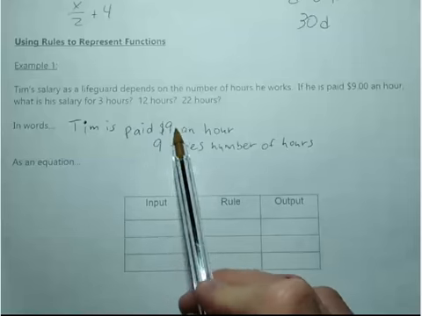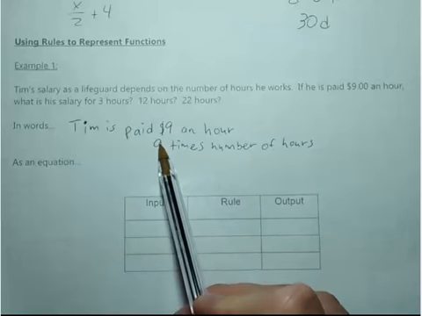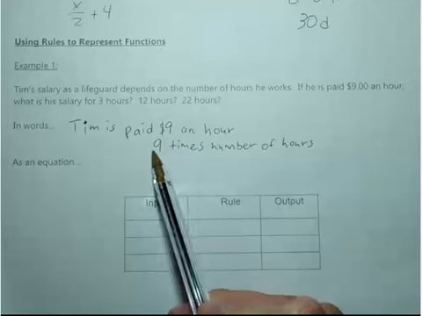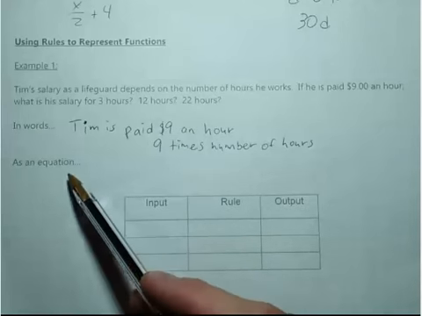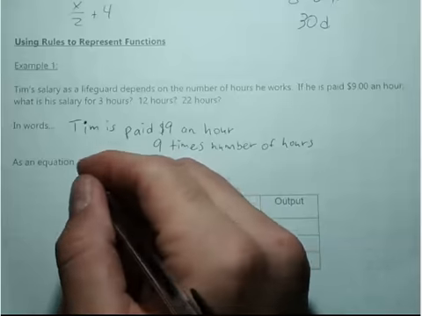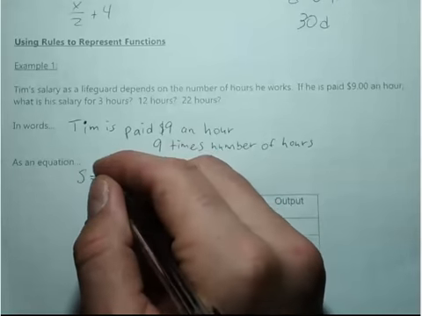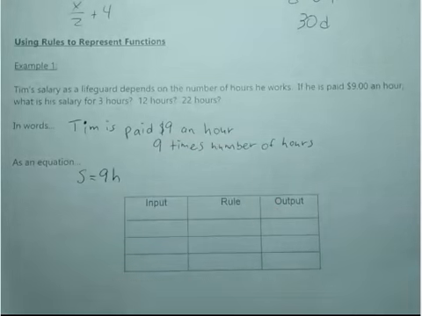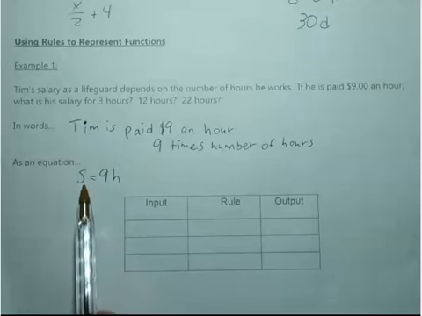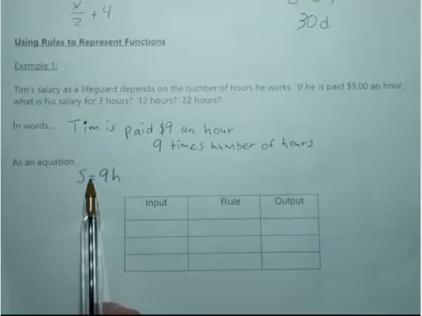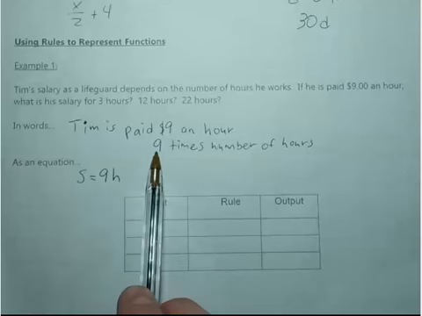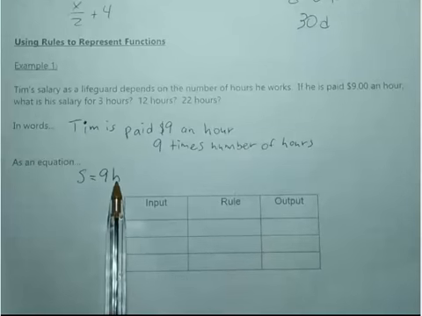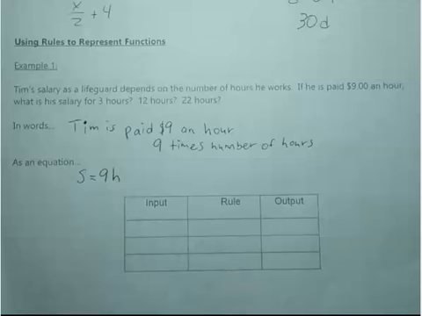So we're going to have our $9, and however many hours he works, we're going to multiply those two together to get his salary. So for translating this into an equation, our equation would be S equals 9H. So S, our salary, is going to equal 9H, so 9 times the number of H hours that he works.